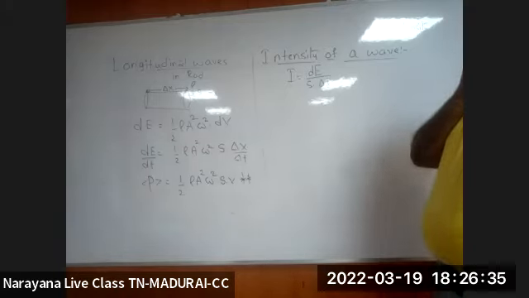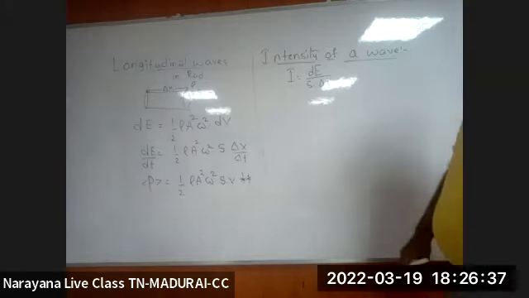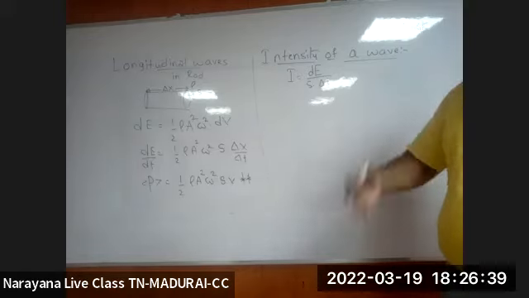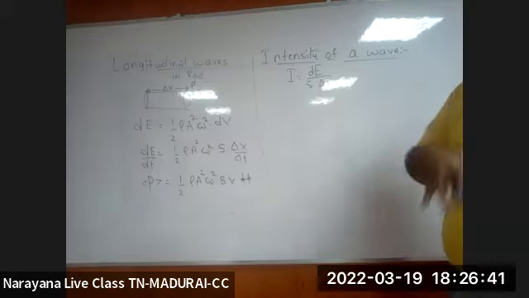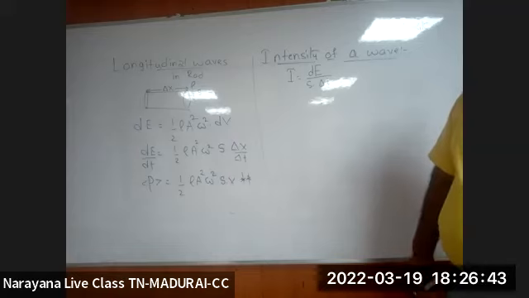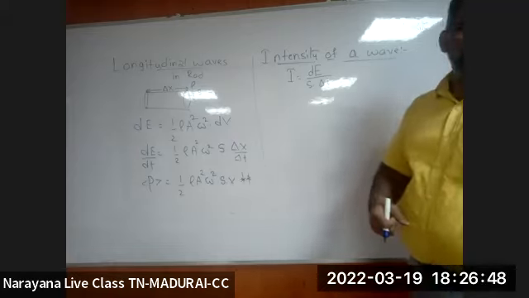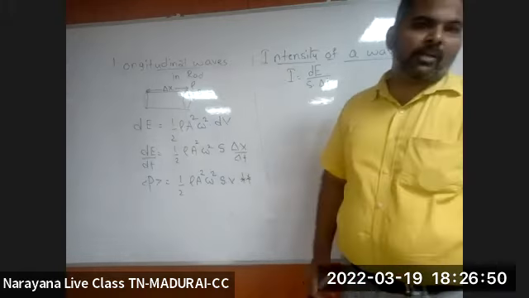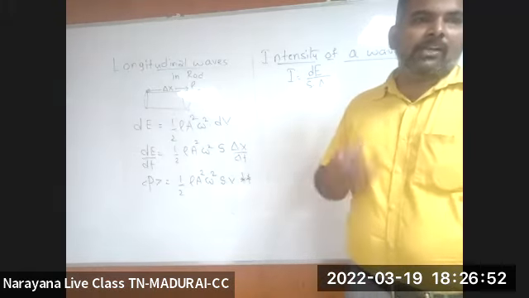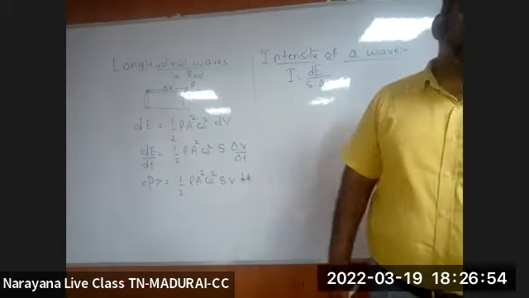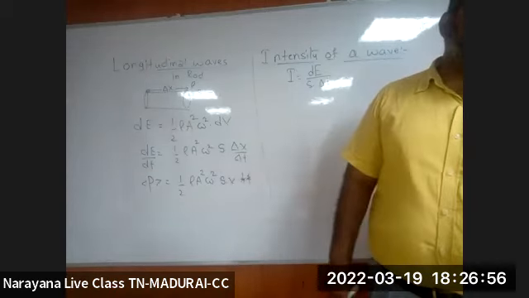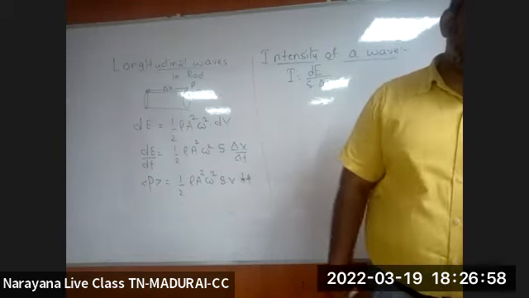So here the wave has intensity. Intensity means it has the ability to drag the energy and momentum from one place to another place. Right now, what I am delivering is my energy and my momentum.